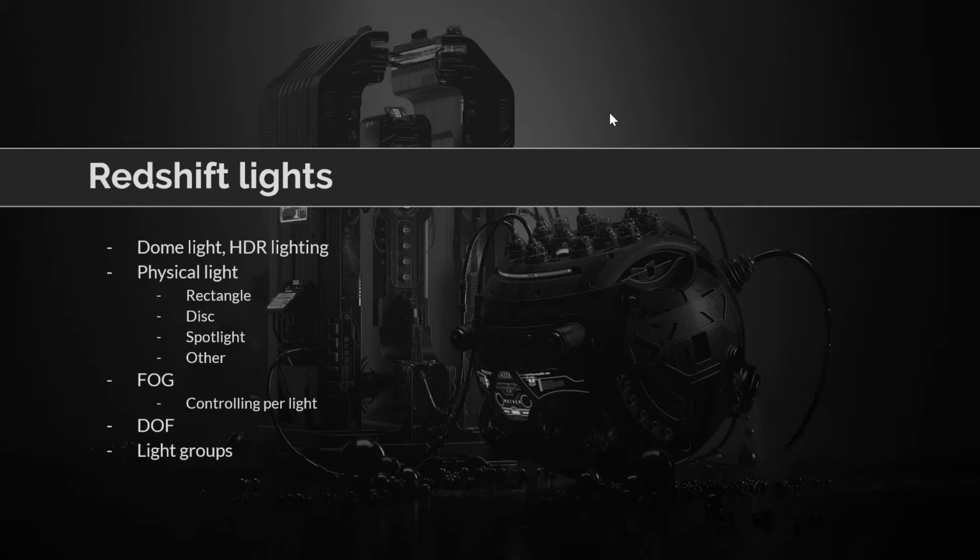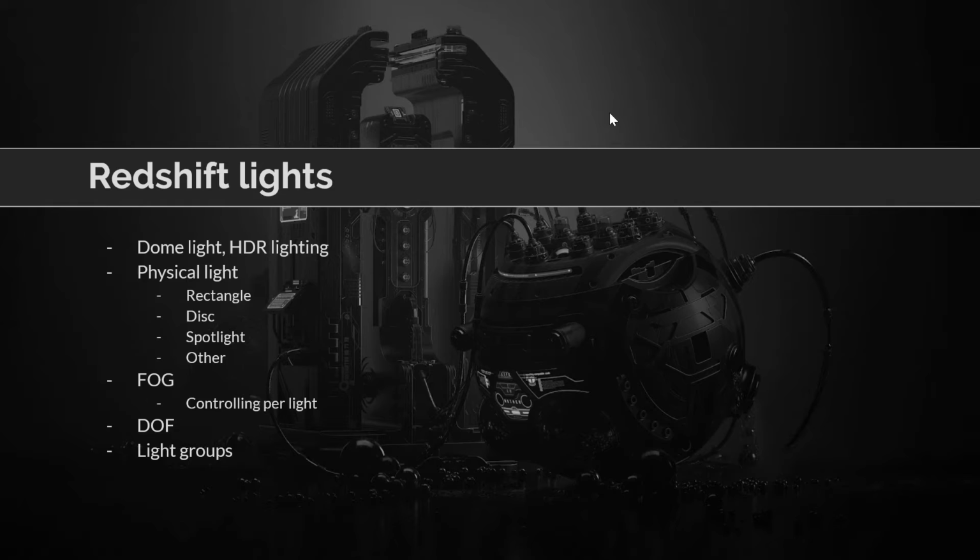Now we can quickly go over some of the Redshift lights. For that we will go over dome lights, HDR lighting, and then we will play a little bit with physical light. There are a couple of types of physical lights that we can use in Redshift. We will switch between rectangle, we will look into disk light, spotlight, and some other types.